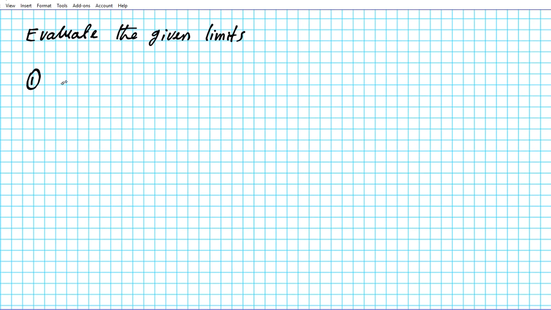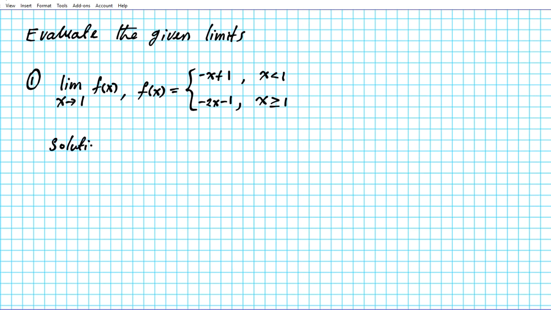So problem 1, let's say we have to evaluate the limit as x approaches 1 of f of x, where f of x is the piecewise defined function given by negative x plus 1 for the subdomain x is less than 1 and negative 2x minus 1 for the subdomain x is greater than or equal to 1. Okay? So let's go ahead and evaluate this limit.